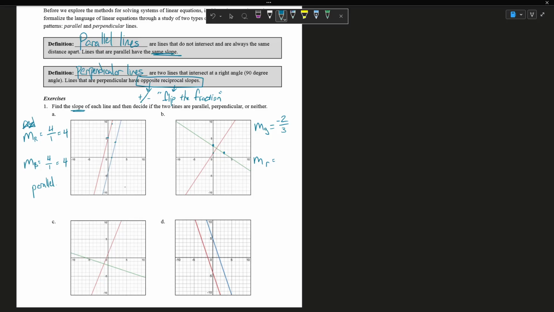This point and this point. I go up 3 and over 2: 3 over 2. I see they're not the same, so it's not parallel. For perpendicular, we want to see: is one positive and one negative? Yes. Are they reciprocals, so 2 over 3 becomes 3 over 2? Yes. So these are perpendicular lines.